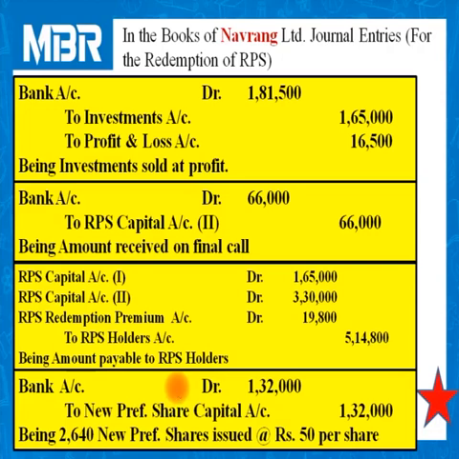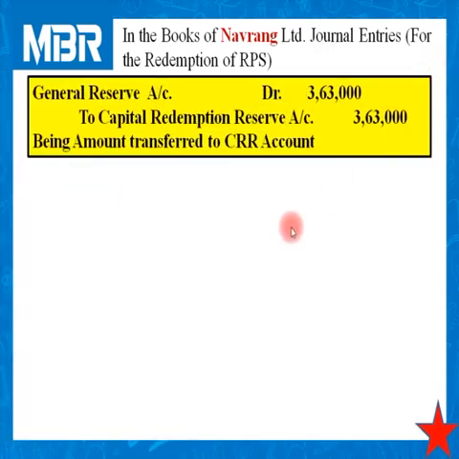Fourth, issue of new preference shares of rupees 50 at par. We have completed this calculation in step number 3. Amount transferred to CRR account from general reserve. It is also part of step number 3, arrangement of the fund for capital part.